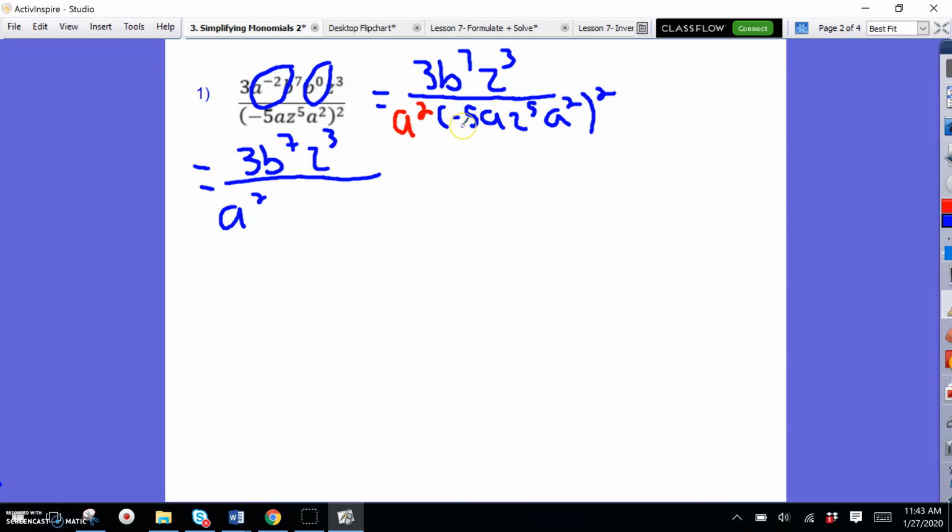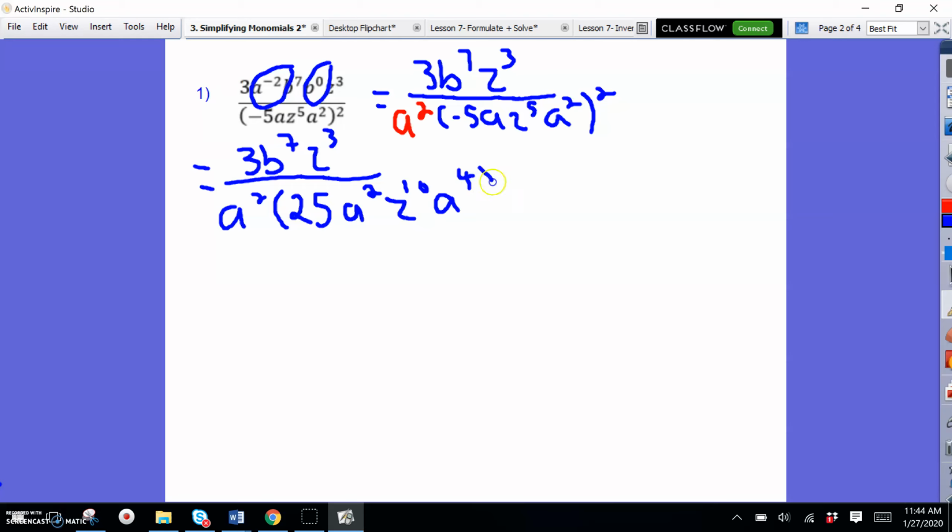So -5 times -5 is just the number 25, positive 25. A to the 2nd times a to the 2nd is a to the 4th. Then z to the 5th times z to the 5th, how many times am I multiplying z by itself? Well, 10. And then a squared times a squared is a to the 4th.